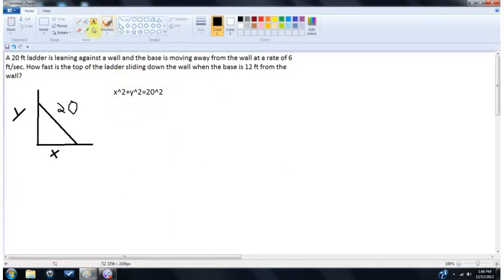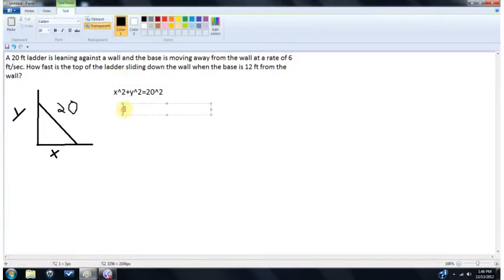Next thing we're going to do is we take the derivative of our formula. So we use the chain rule, which would give us 2x times dx over dt plus 2y dy over dt.